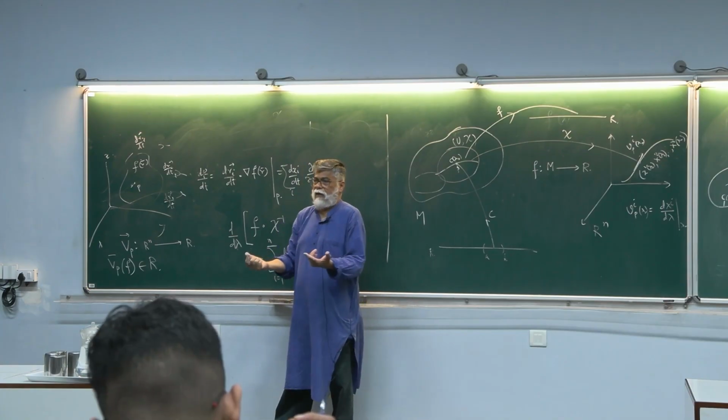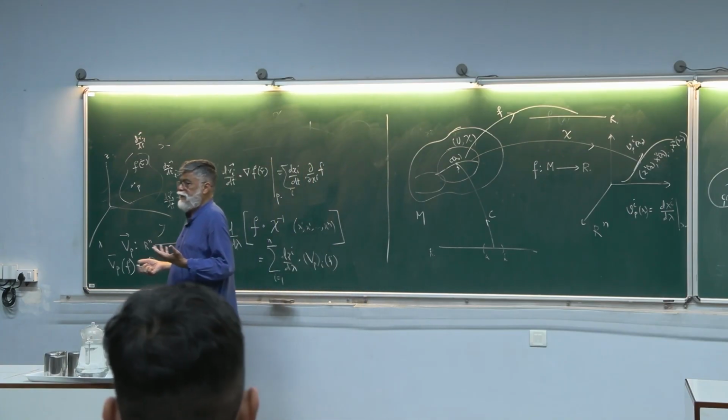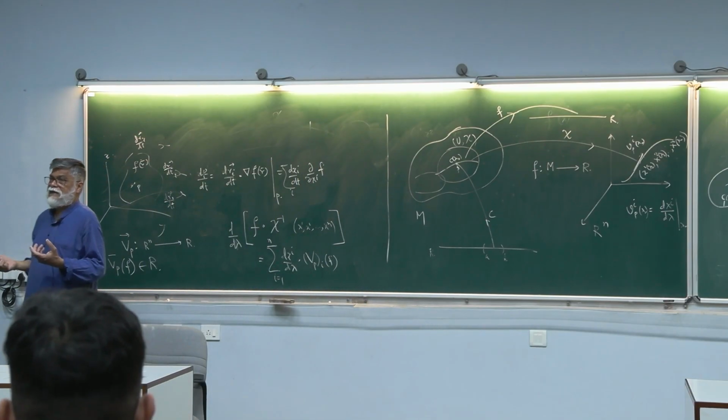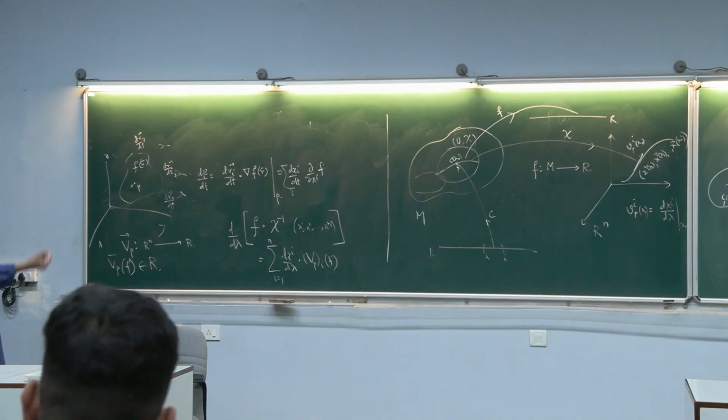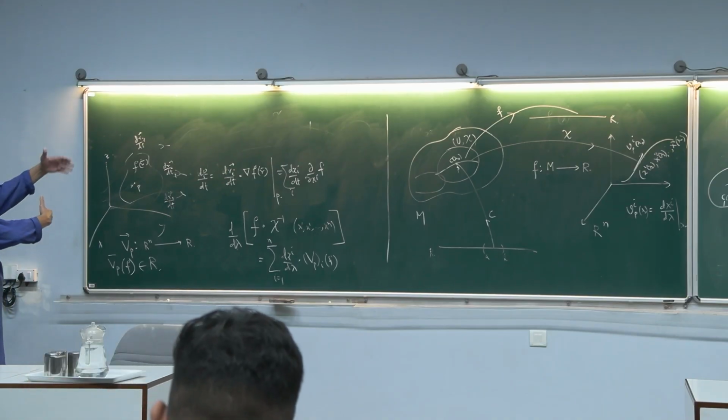If you read Misner-Wheeler-Thorne's book, it says it is a machine which takes the function and regurgitates one real number. That is what a vector at point P is, and you can do it at different points.